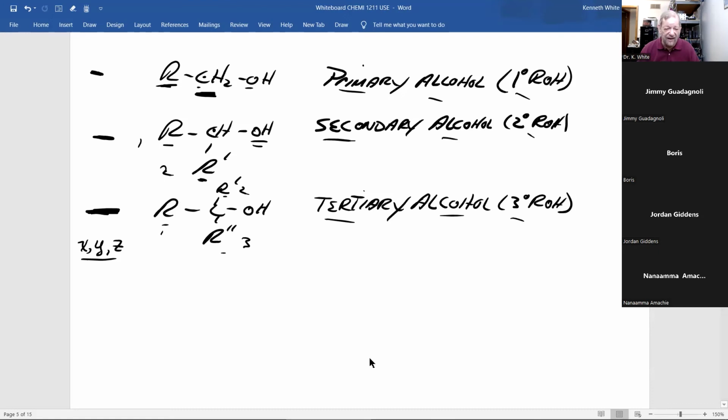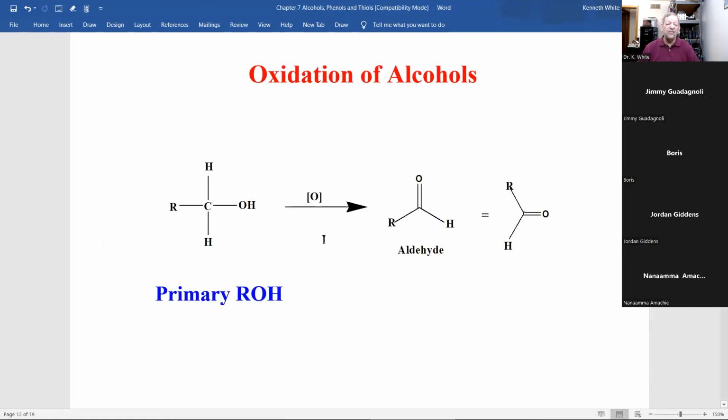So let's go back to our slide. Next reaction I want to talk about is oxidation of alcohols. And there are 2 reactions I'm going to talk about. Now, instead of teaching you all the oxidation reagents like KMnO4, Na2Cr2O7, and others, I'm going to use what organic chemists use, O in brackets.